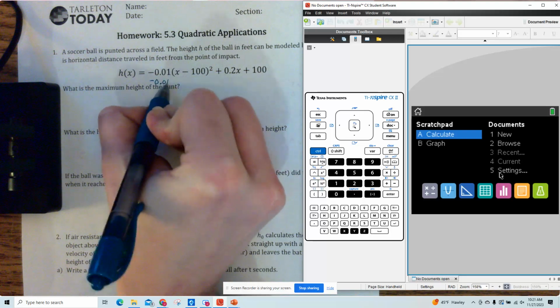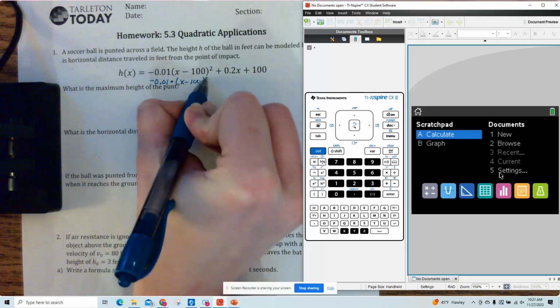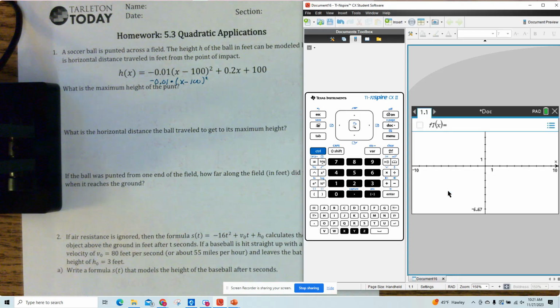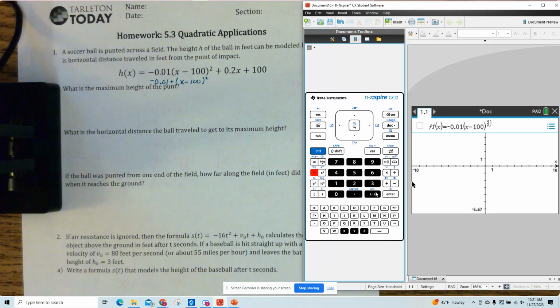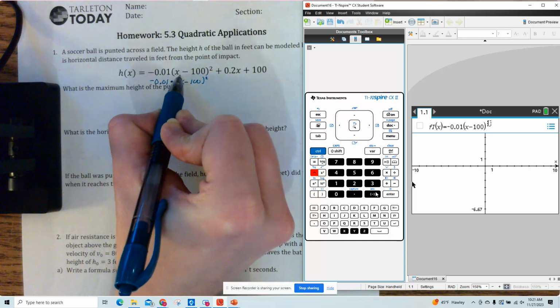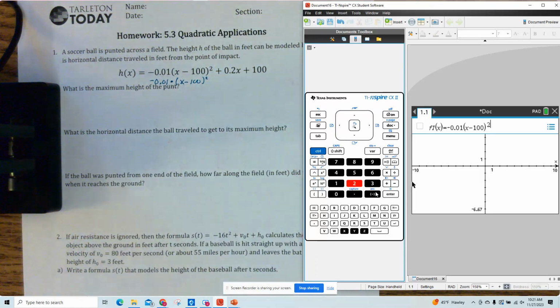Sometimes when I type this in the calculator, I have to put that assumed multiplication symbol in there. I worked one today on your notes that happened. It wouldn't take it. So we're going to see if this one takes it. It happens more often when there's an x out here and an x on the inside, that you have to put that assumed multiplication sign in there.